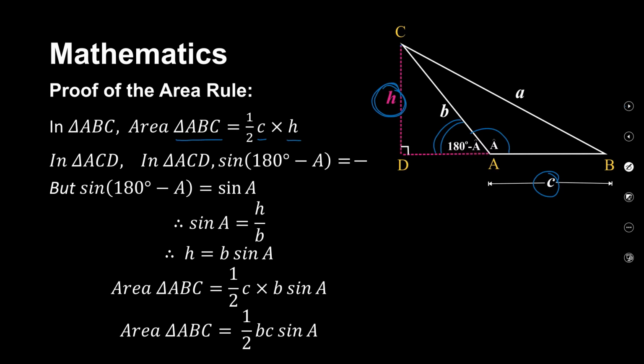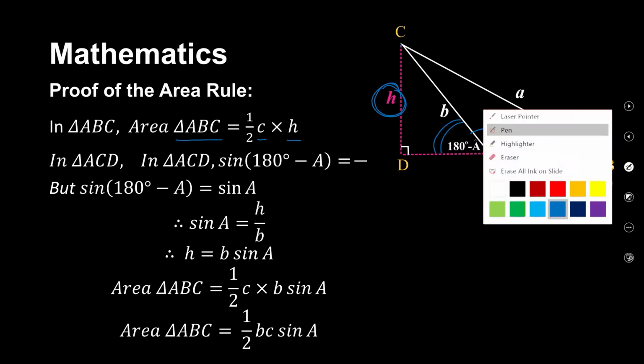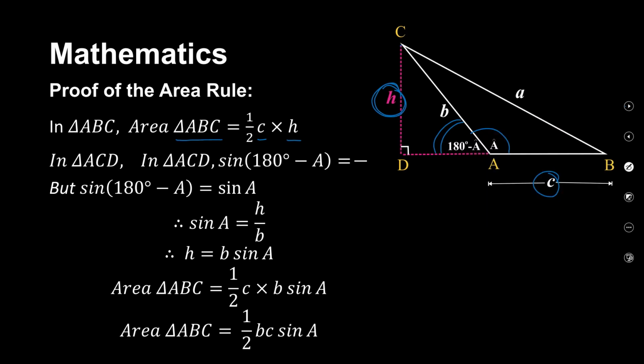And now the one thing that does change a little bit is if we look at sine, we're looking at triangle ACD again as we did in the previous proof, but now in triangle ACD, we're going to be using this angle.